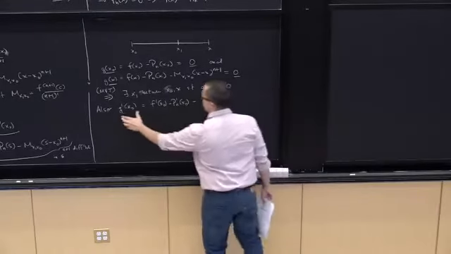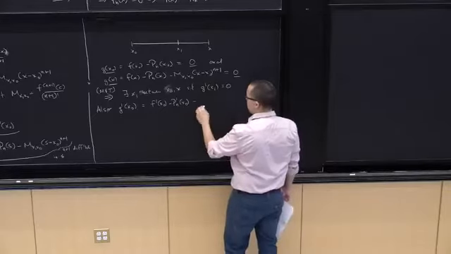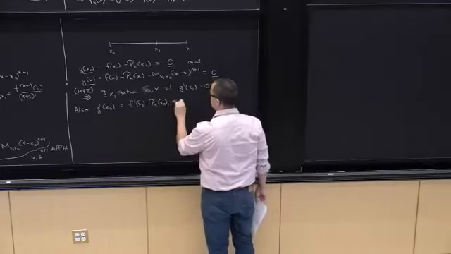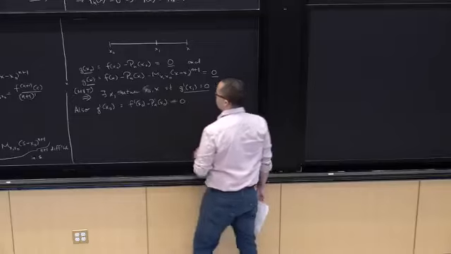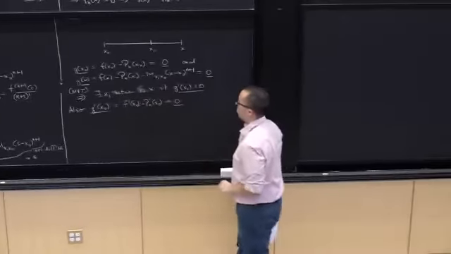But if I take the derivative of this and plug in x0, then I will also get 0 here. So I just get f prime of x0 minus pn prime of x0. So this equals 0. Yeah? So I have g prime of x1 equals 0. g prime of x0 equals 0.